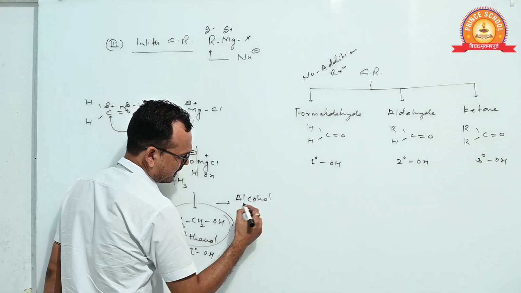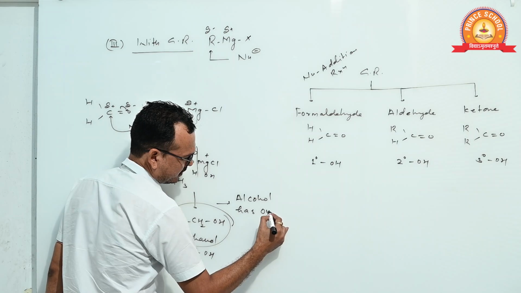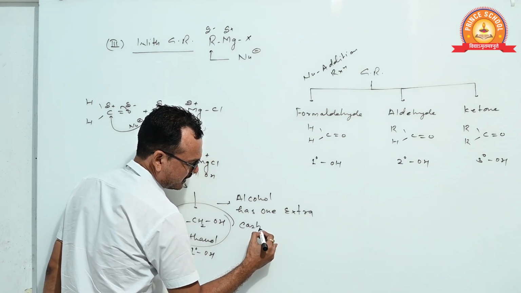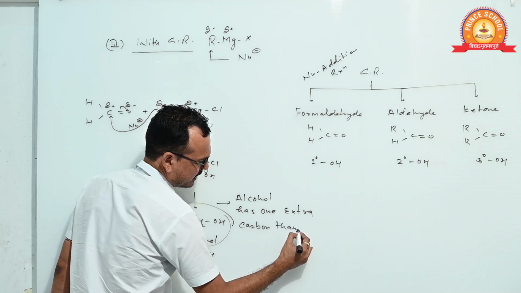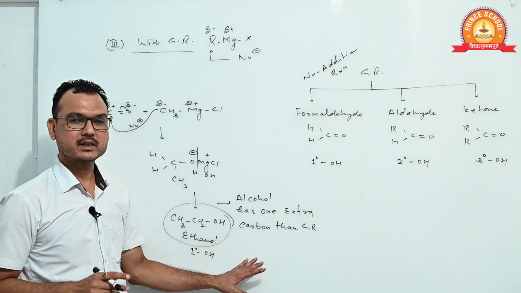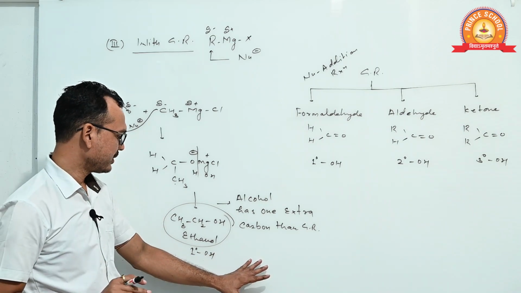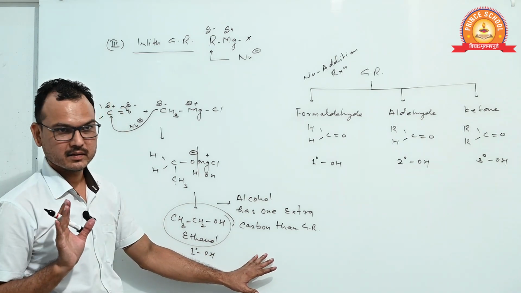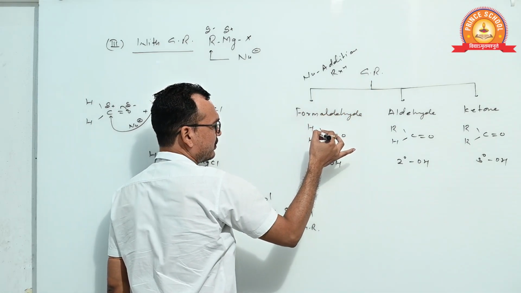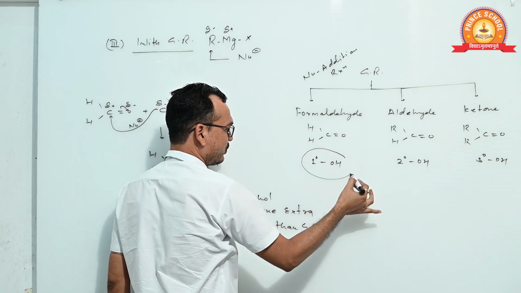Alcohol has one extra carbon than GR. Is that clear? You have studied this same reaction in the alcohol chapter. When GR reacts with formaldehyde, it gives the 1 degree alcohol.